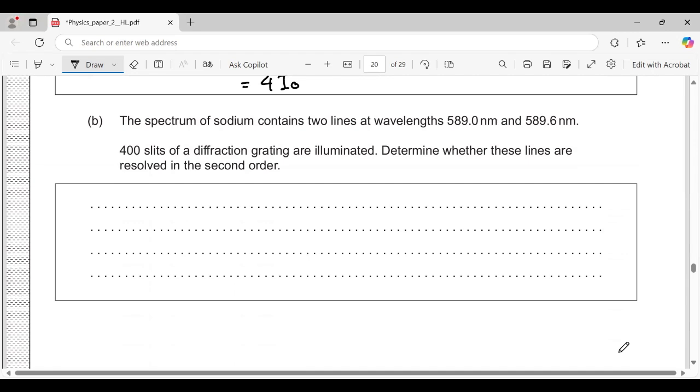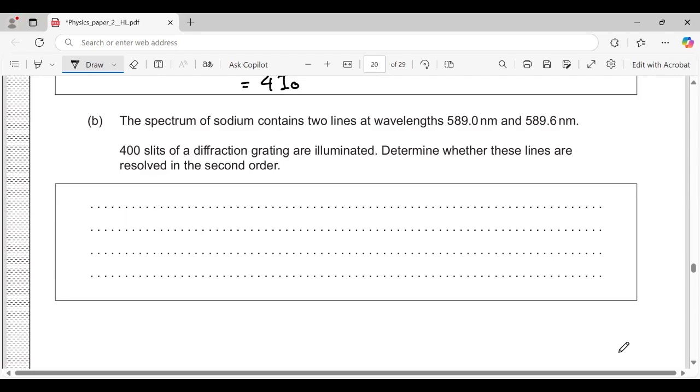The spectrum of sodium contains two lines at wavelengths 589.0 nanometers and 589.6 nanometers. 400 slits of a diffraction grating are illuminated. Determine whether these lines are resolved in the second order.